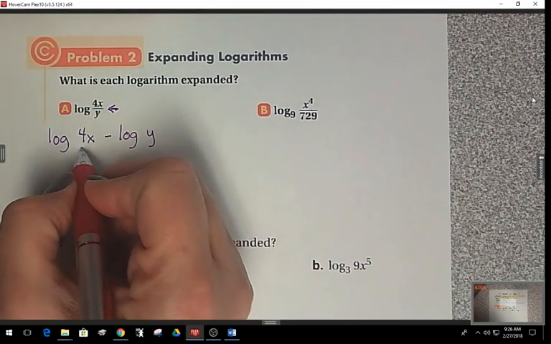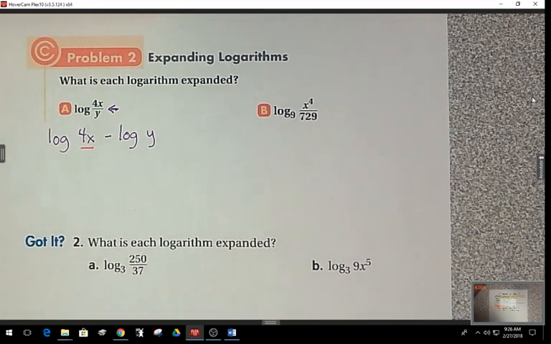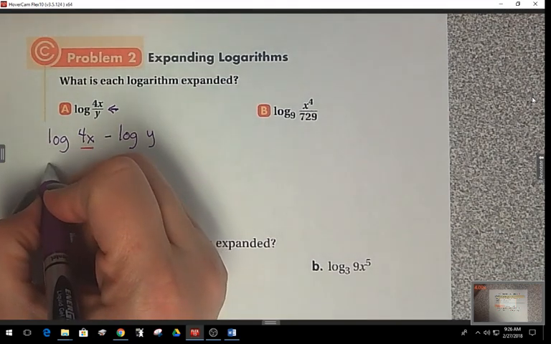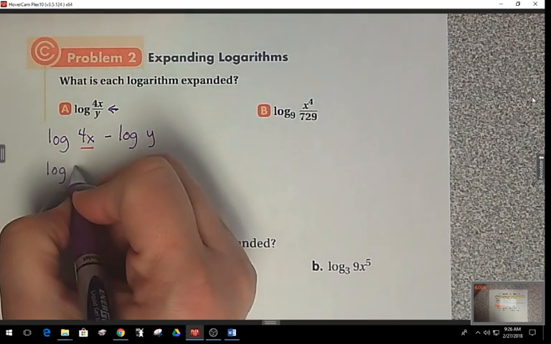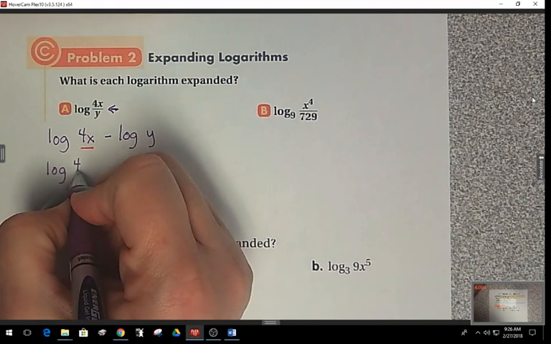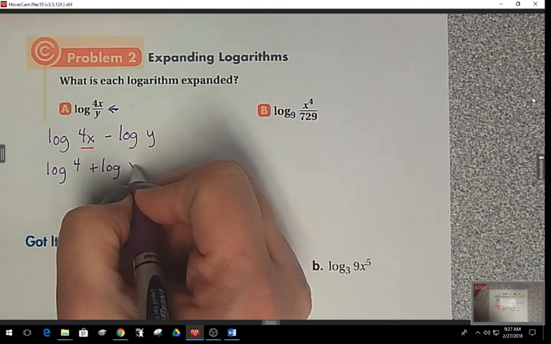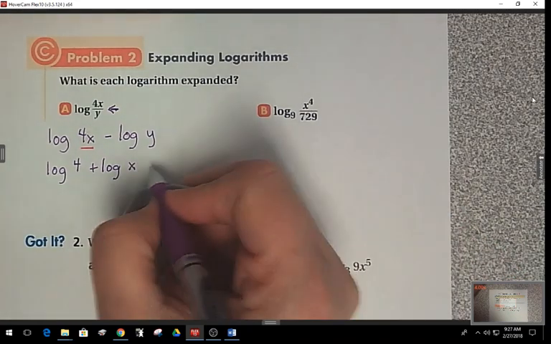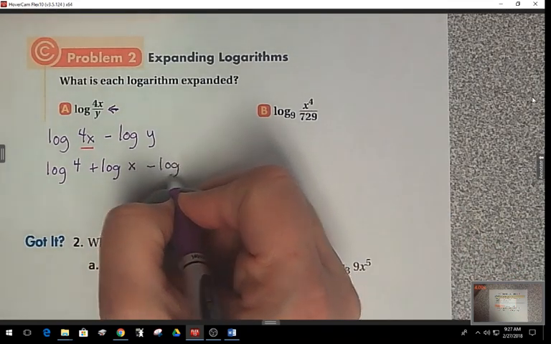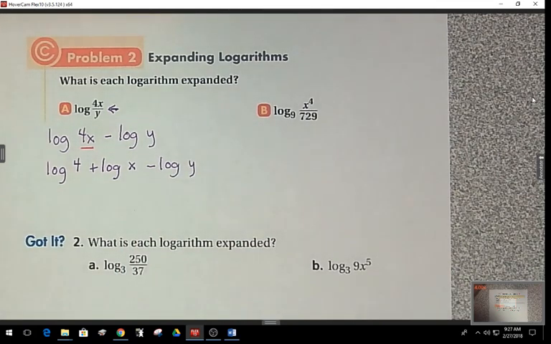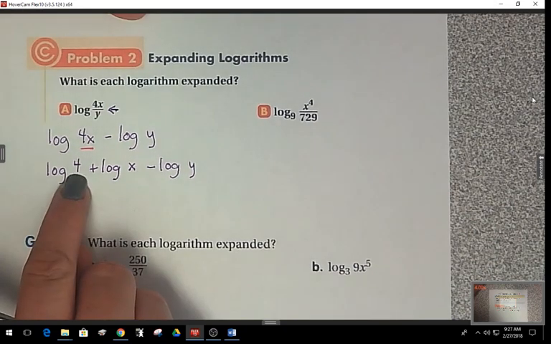But now this can be rewritten some more. The log base 10 of 4 plus log base 10 of x, and then bring down your minus log of y. We can continue here because this 4 can be rewritten as 2 squared.